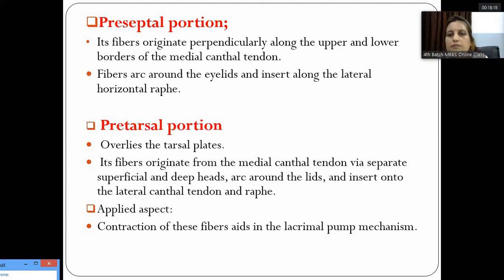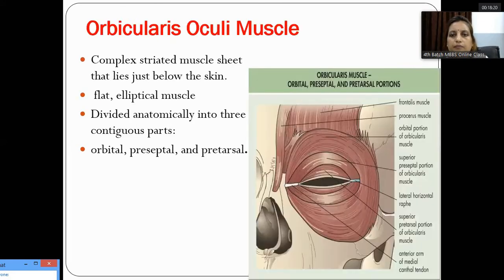So where is the medial canthal tendon? This is the medial canthal tendon, and this side is the lateral canthal.